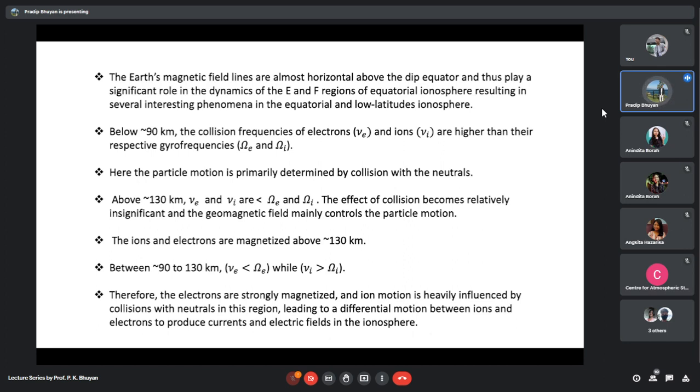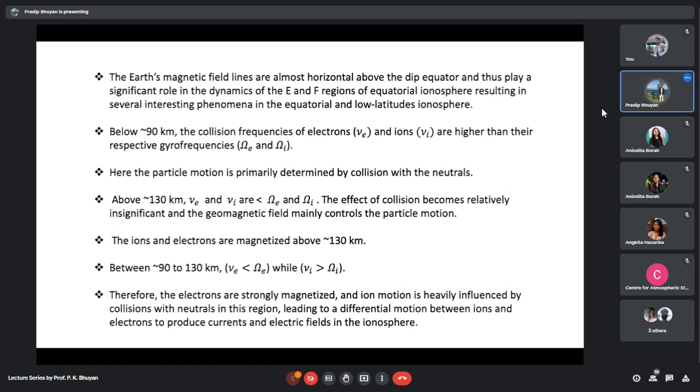But ions are much more frequently colliding with neutrals, and therefore their motion is controlled by this collision with neutrals. So as a result, one set of charged particles is controlled by the magnetic field. The other set is controlled not by the magnetic field but by collisions.